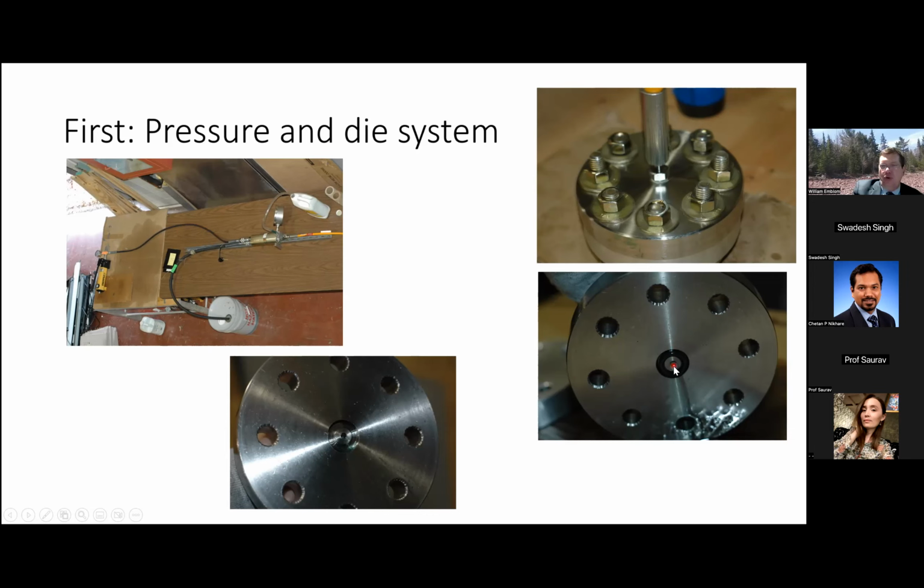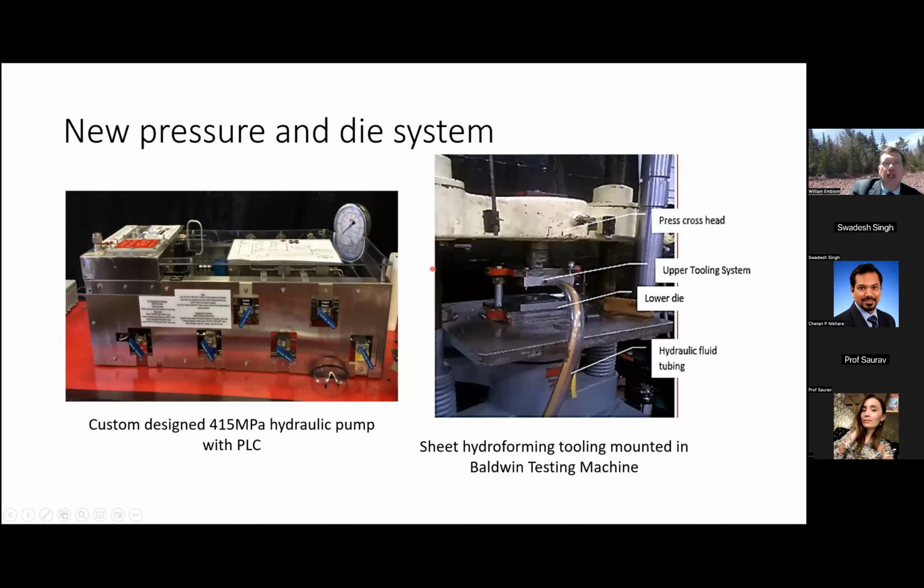Here's the orifice for the hydraulic fluid, and then we had this as the blank, and we had a hole that was 1 millimeter across. We also tested a 5 millimeter diameter test section and an 11 millimeter test section.